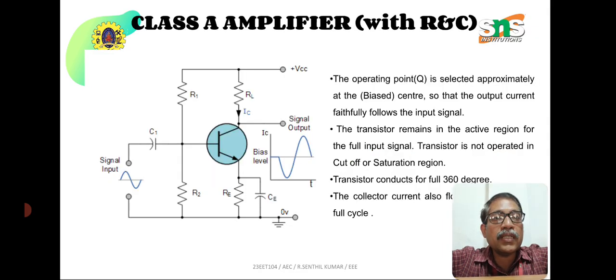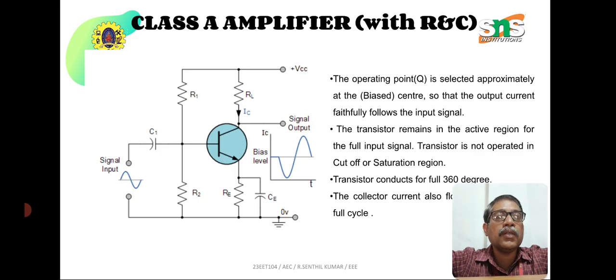We discussed in the previous video the operation of a transistor as an amplifier. The same circuit applies here. An AC sinusoidal input is given on the left hand side, and a coupling capacitor C1, R1 and R2 act as base biasing resistors for the transistor acting in the active region.